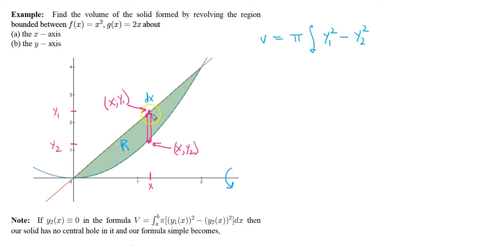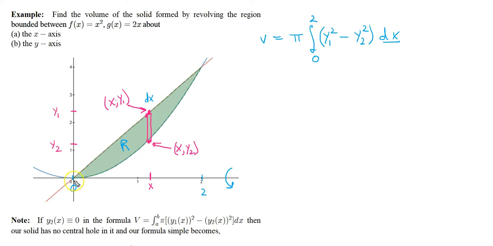That's the thickness of the washer right here. And so that's what we're integrating with respect to. And then we have to think, what does the x vary from? Well, x can go from here, which is 0, out to 2, and those are our limits of integration.